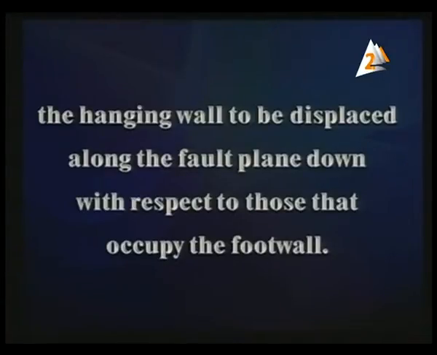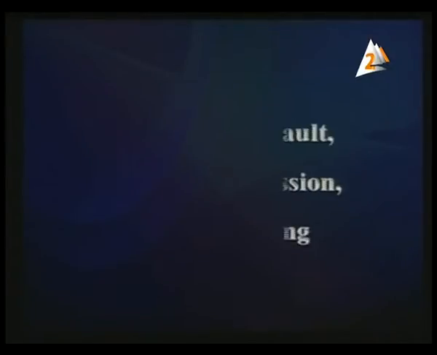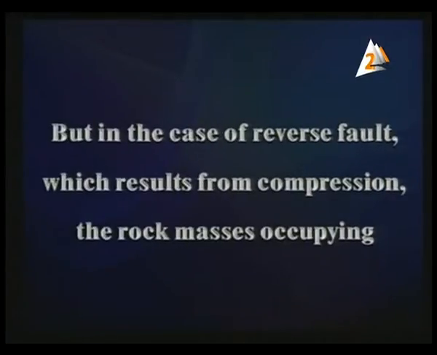This is found above the fault plane, and also we have the foot wall. This is below the fault plane, and if the hanging wall is displaced down with respect to those occupying the foot wall, we will get a normal fault.